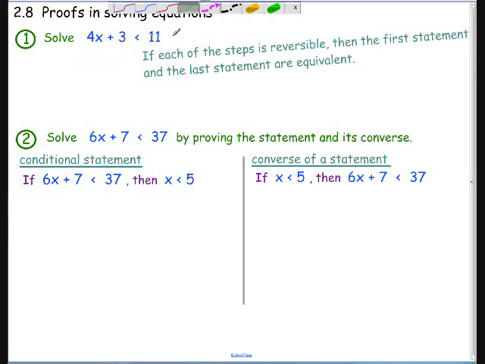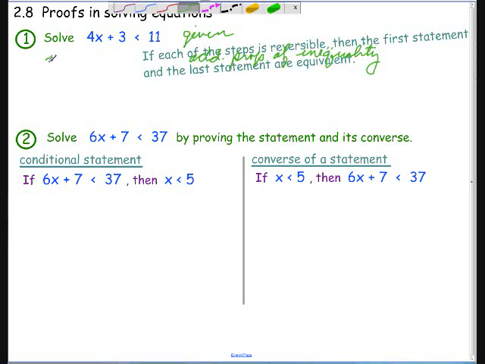So I'm going to prove this. This is my given. And then I'm going to use the addition property of an inequality, and that's going to be my justification for what I do next.